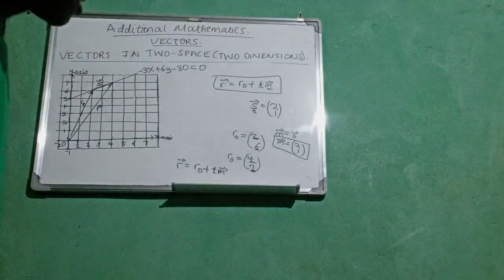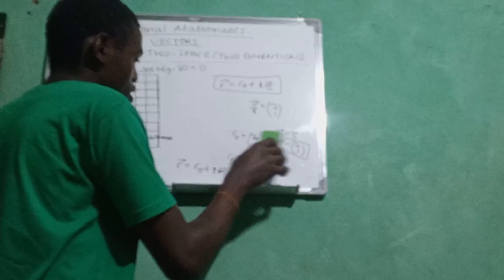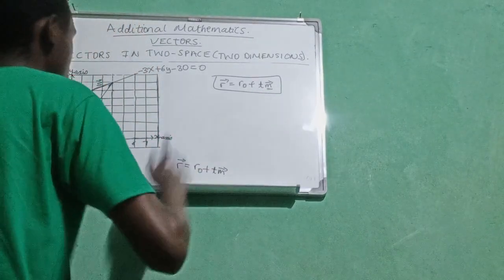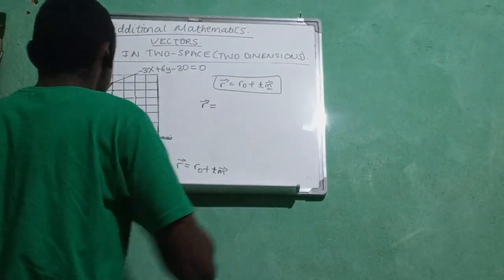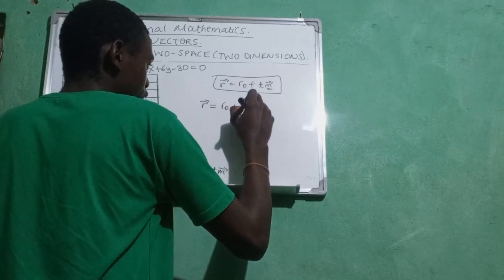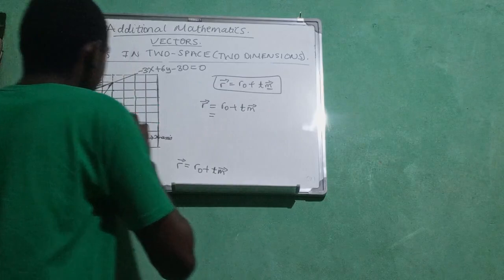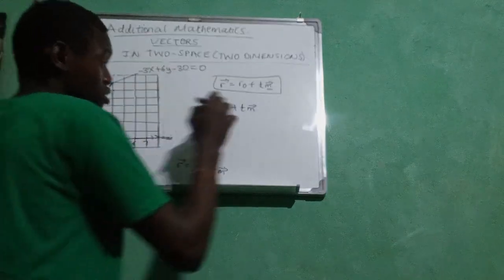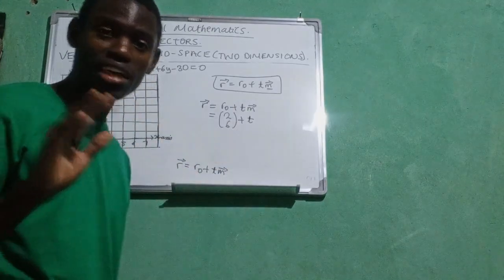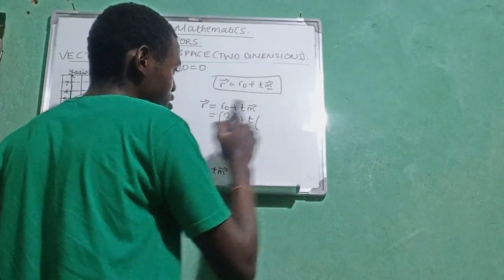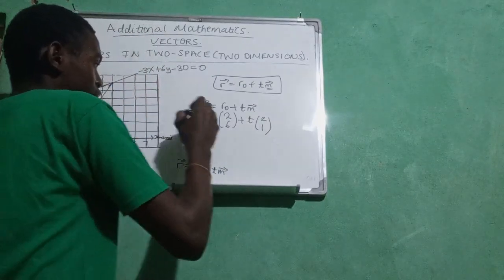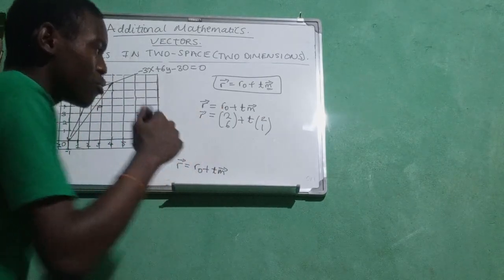Now let's write that in column vector form. The resultant vector R is equal to R naught plus t direction vector m. Our R naught in this case is 2, 6, plus t, just write the t like that, and get your direction vector 2, 1. That is our R. Now, you're not supposed to leave it in this format.